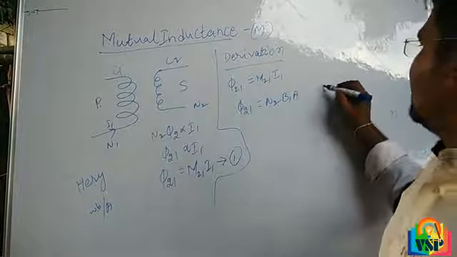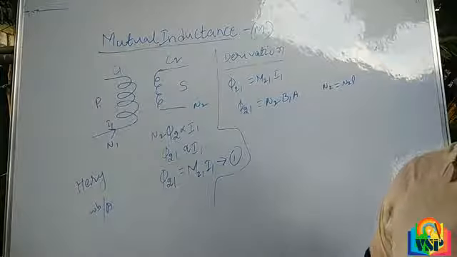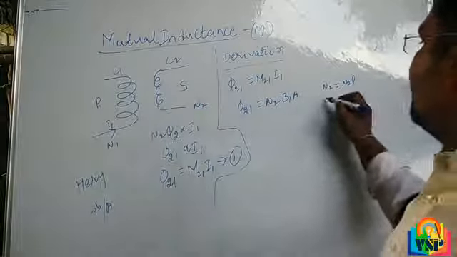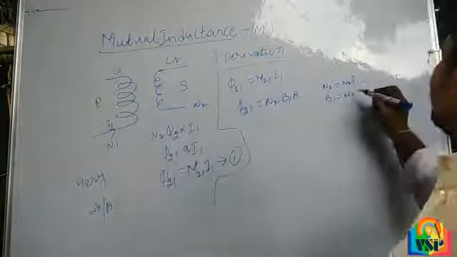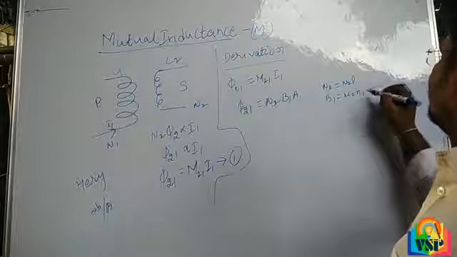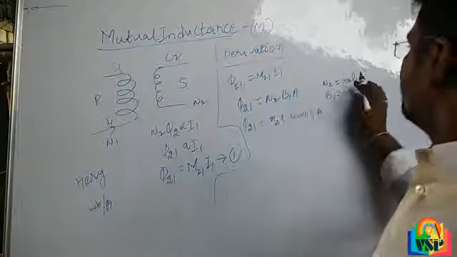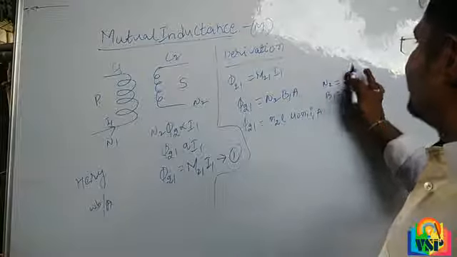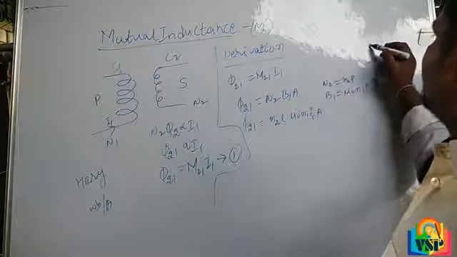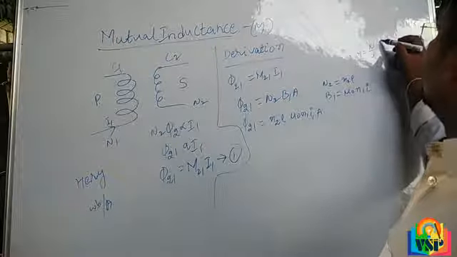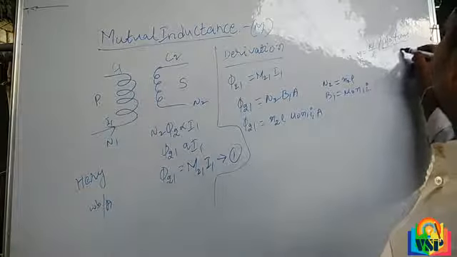Understand? Okay. N2 we can write as small n2 into L. B1 we can write as mu naught N1. Capital N2 is equal to small n2 L, because small n means number of turns per unit length.